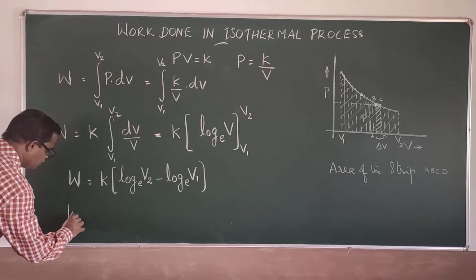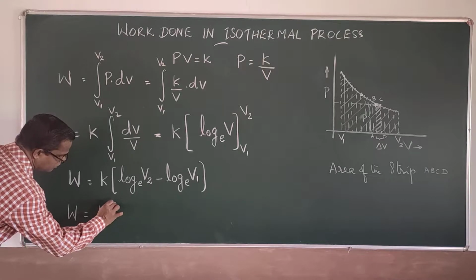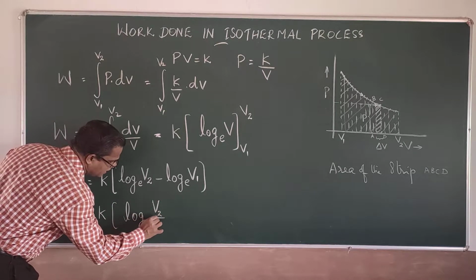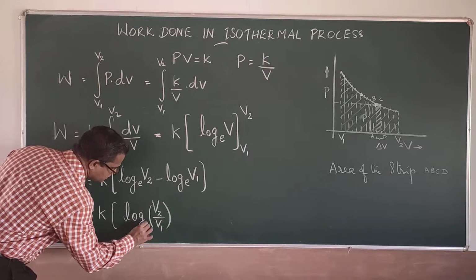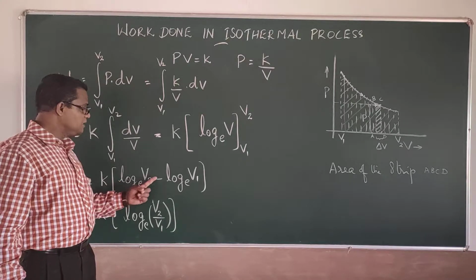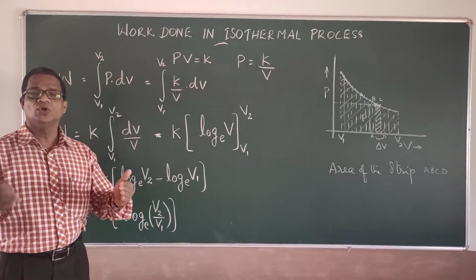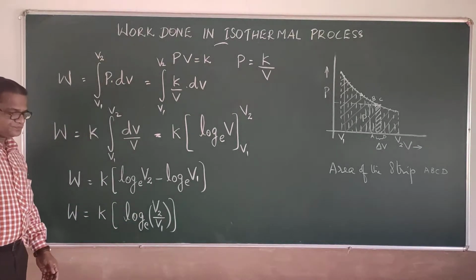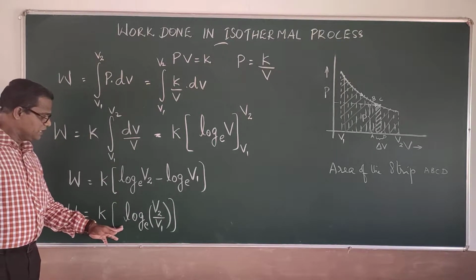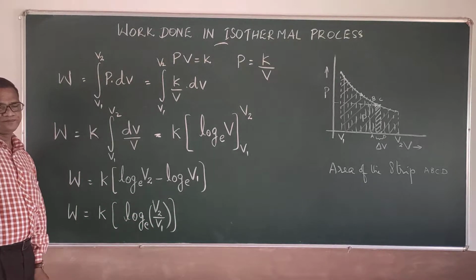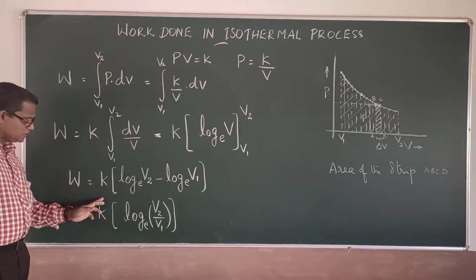And therefore W will be equal to K into log V2 by V1 to the base E, because log A minus log B will be equal to log of A by B. Now this part is a problem here.